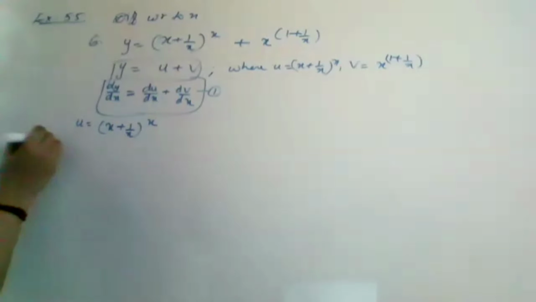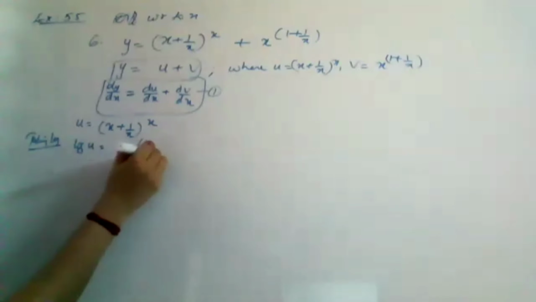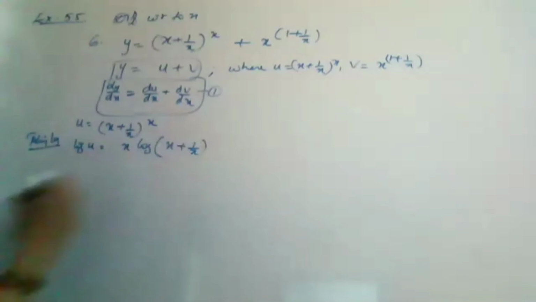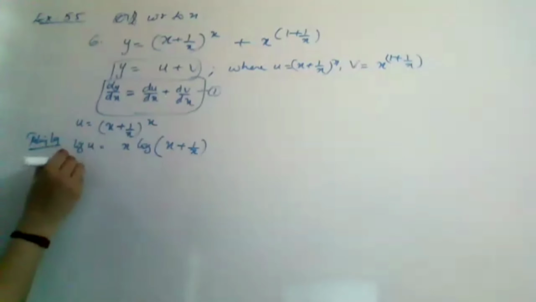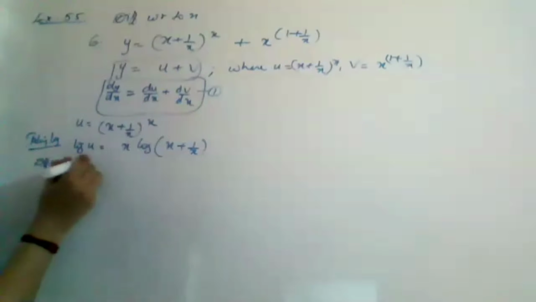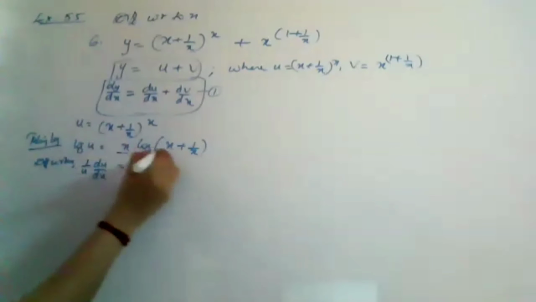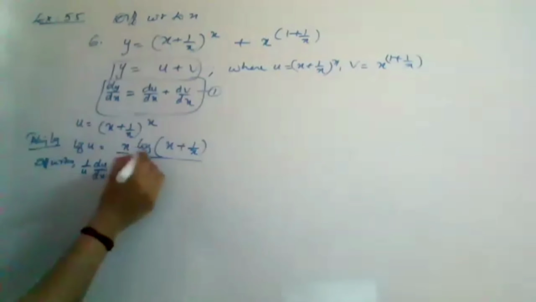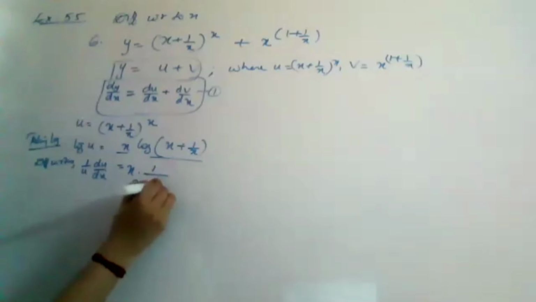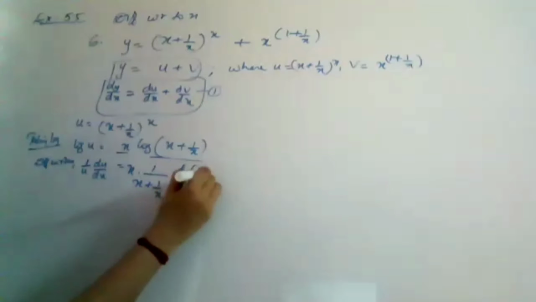Taking log on both sides, we get log u is equal to x into log of the term. Differentiating with respect to x, 1 by u into du by dx equal to, again this is one term, this is another one. x into log of something is 1 by x plus 1 by x into the derivative of x plus 1 by x.